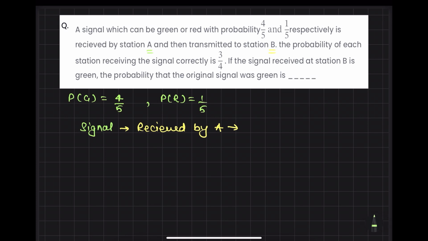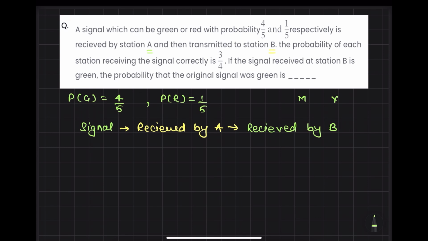Which signal will be received by B? Now try to understand. There was some signal, like suppose that this is me, this is you. So some signal I will get, and then I will send some signal. Which signal will be received by you? Okay, so this is the idea.